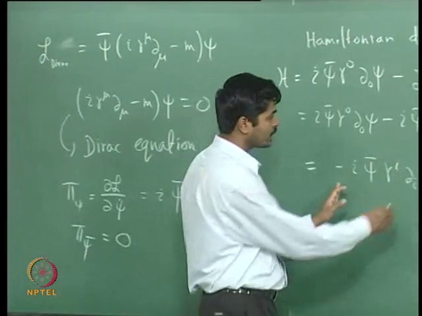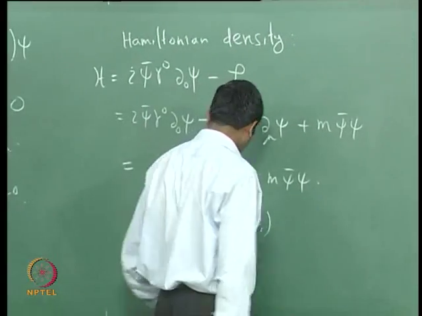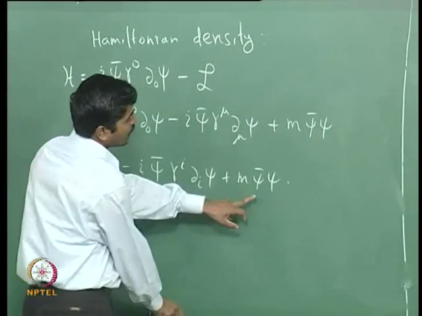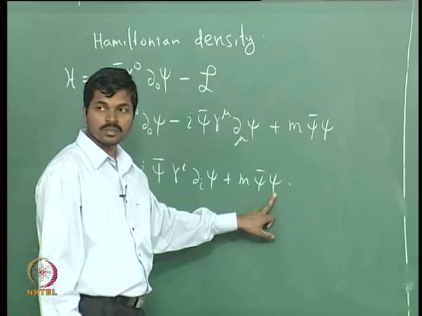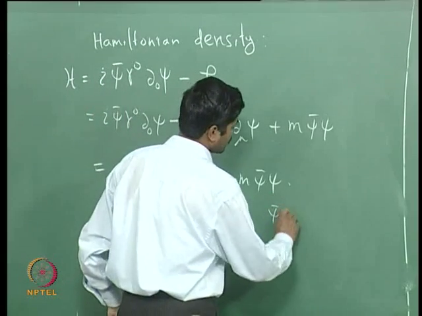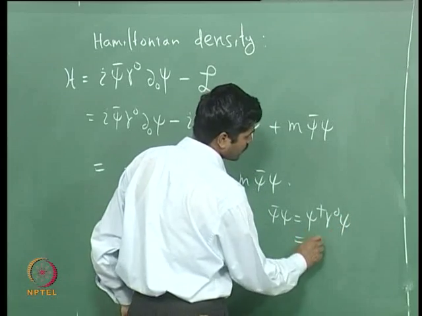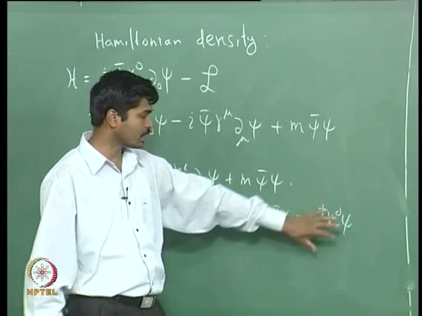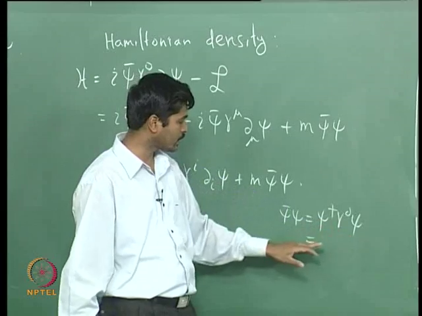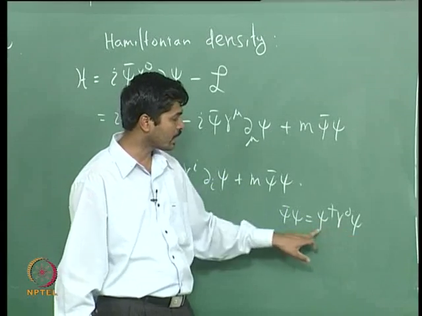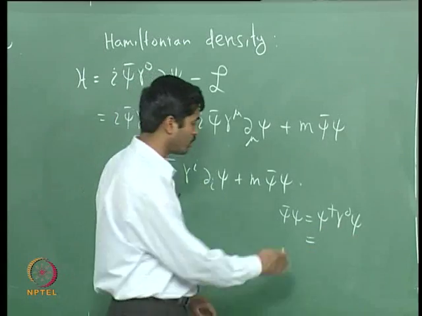So, the second term is obviously Hermitian, because psi bar psi is Hermitian. psi bar psi is psi dagger gamma 0 psi, which is the Hermitian conjugate of this quantity is equal to itself, because gamma 0 is Hermitian, and then you have psi dagger psi here on both sides.